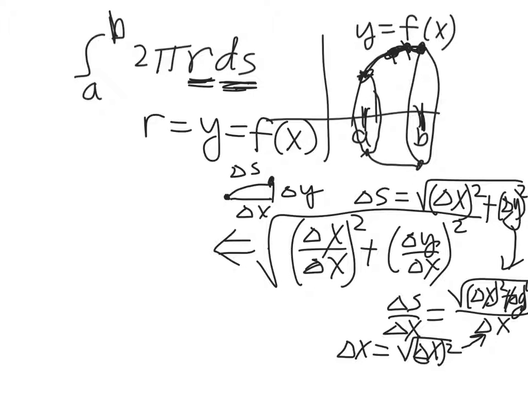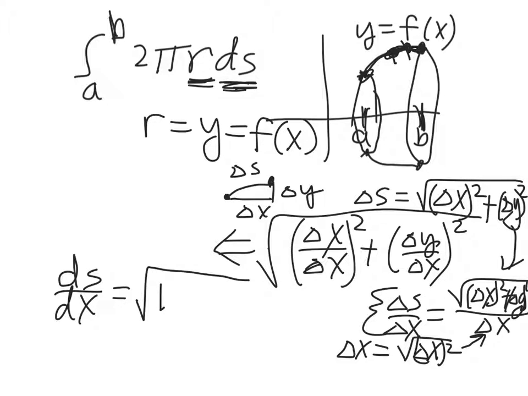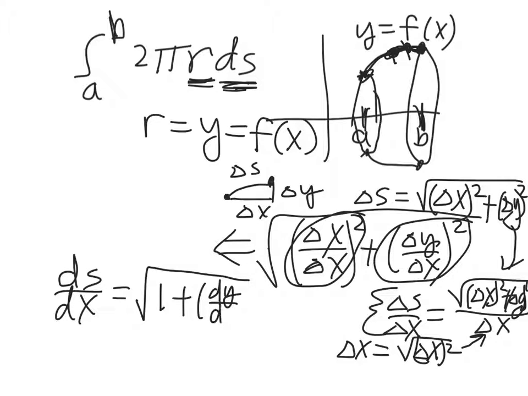And so ds by dx, again looking at it in this form, will equal the square root of 1, this part's just 1, and then what do we change delta y over delta x into? It's our derivative, the definition of the derivative as delta x approaches 0, and then that's squared.